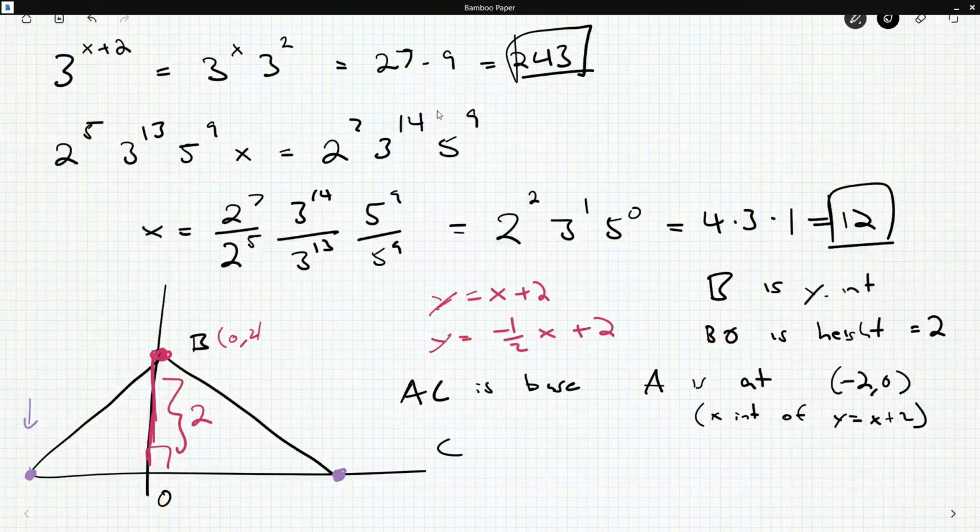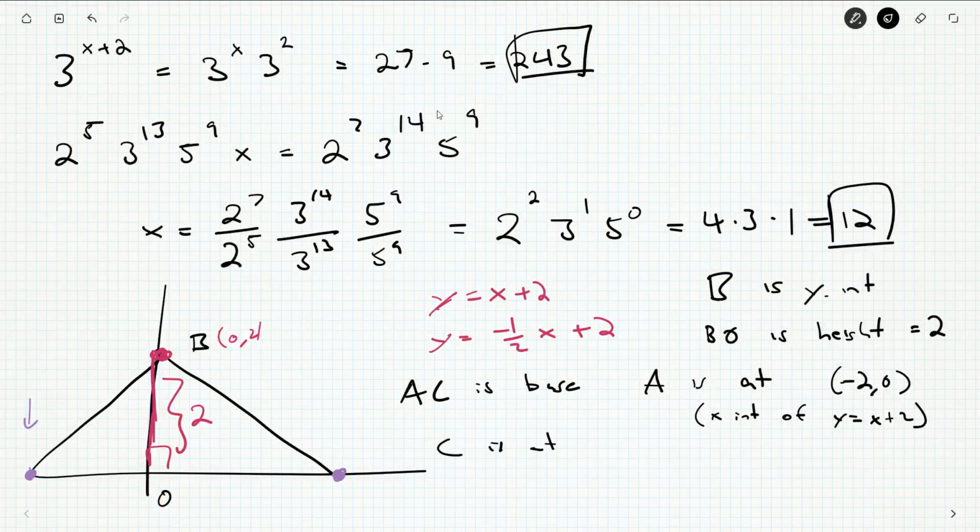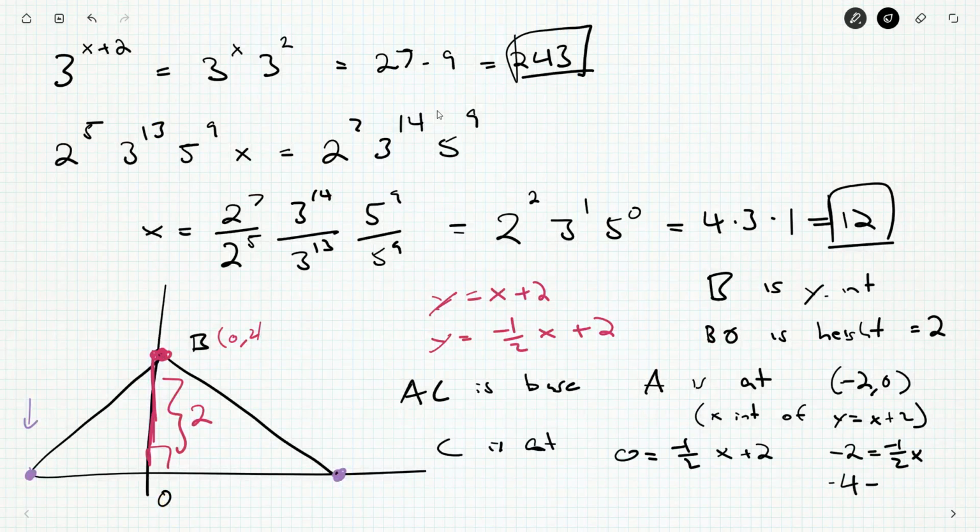Okay. C is at, all right, what's the intercept for this line over here? Well, we'll have 0 is negative 1/2 x plus 2. Bring the 2 over to the other side. That's negative 2 is negative 1/2 x. And so x is going to be 4. Get rid of the other sign. So C is at 4, 0.